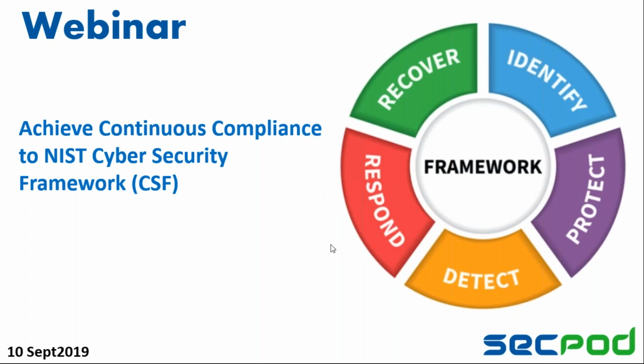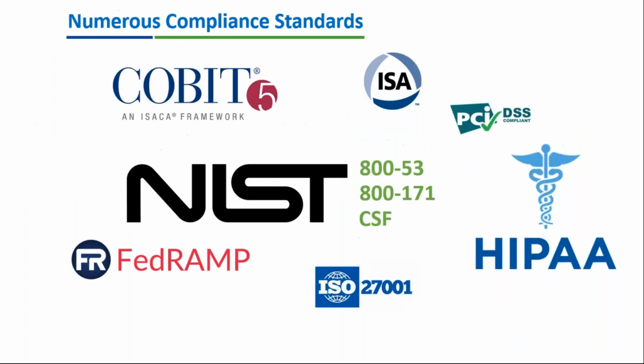We all have to adhere to one or the other cybersecurity guideline. There are a number of them: COBIT, FedRAMP, PCI, HIPAA, ISA, ISO 27001, etc., and more recently GDPR, etc. NIST itself has come up with a good number of guidelines in the 853 series. For every technology that you can think of, there are guidelines available on how to secure those.